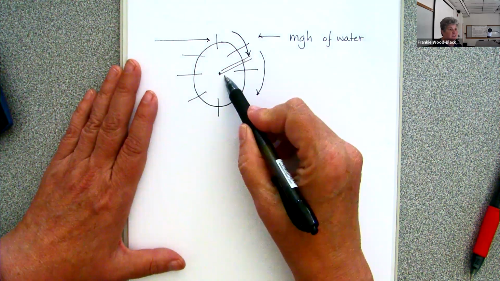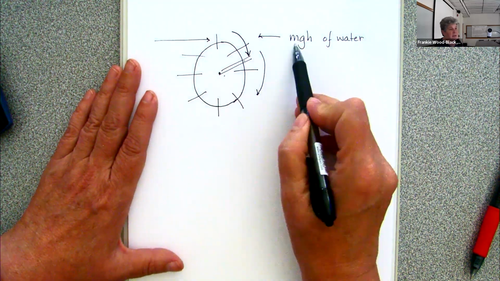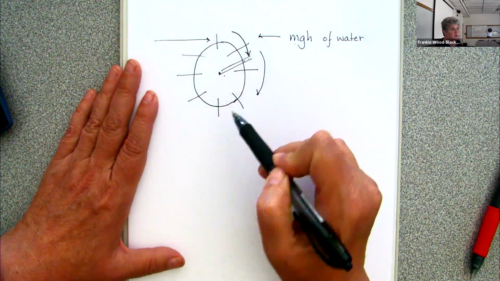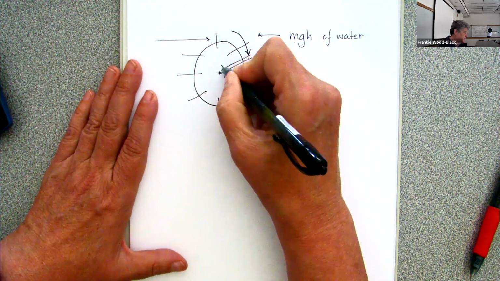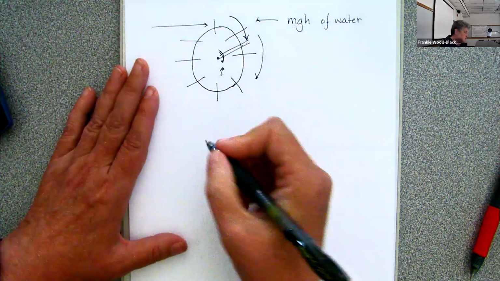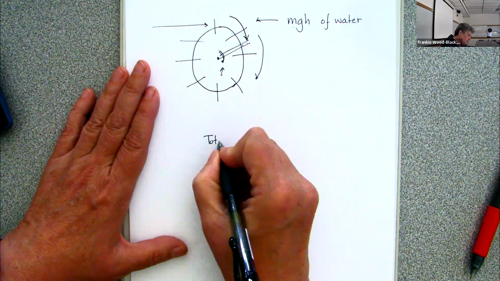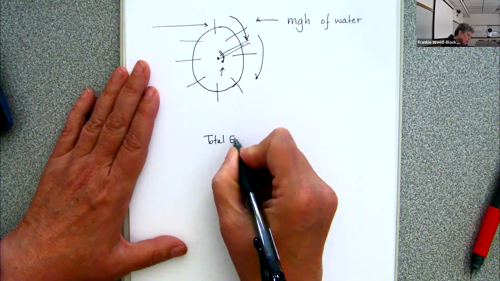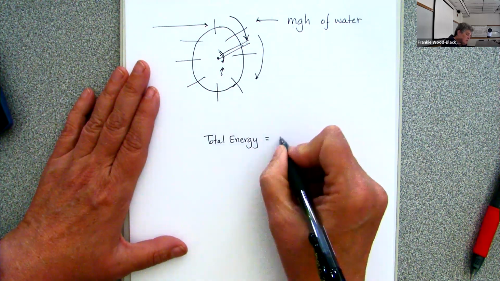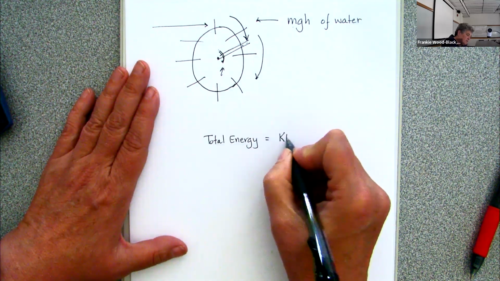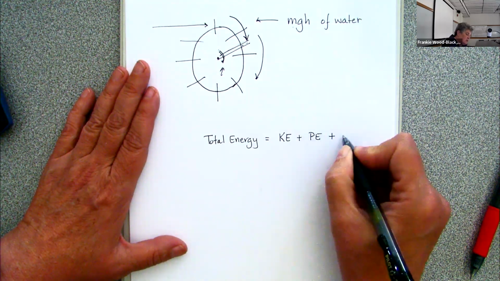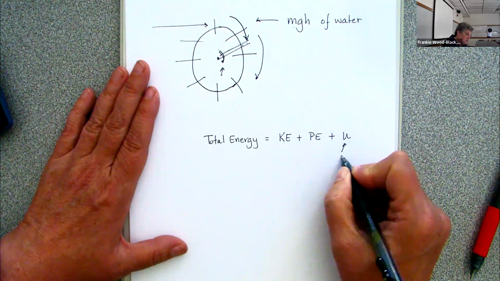But we also know some other things that happen. It would be nice to be able to use all of this potential energy and convert it into this physical work, but we know that friction is going to cause this to heat up and I'm going to lose a little bit. So my total energy, when I'm looking at these systems, is going to equal my kinetic energy, my potential energy, plus energy that we call non-conservative.